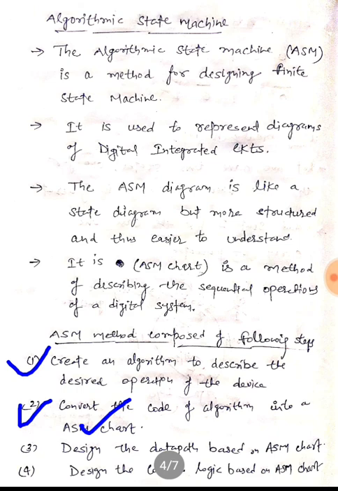In the third step, we will design a data path based on this ASM chart, and finally the control logic. So first we will create the algorithm, then the ASM chart, then the data path, and in the last we will design the control logic. But all of this is not part of our syllabus.